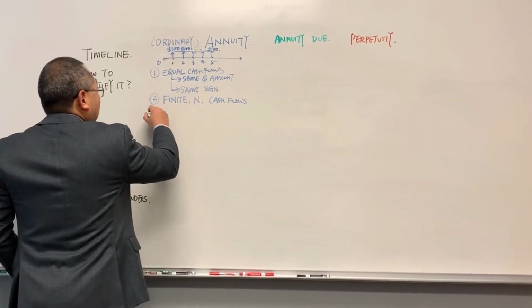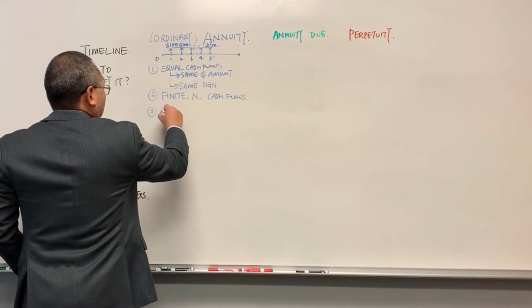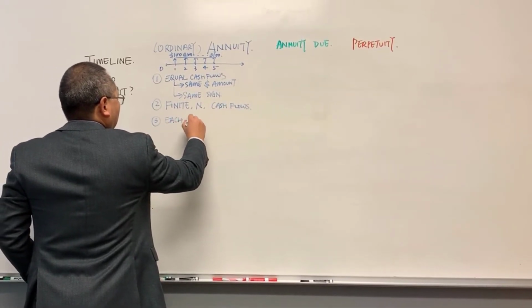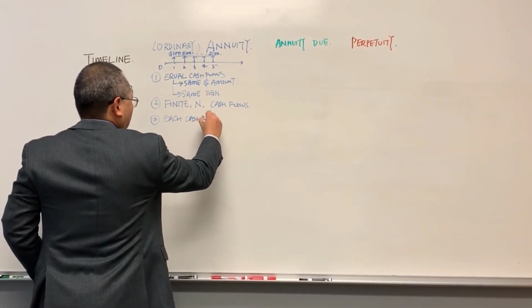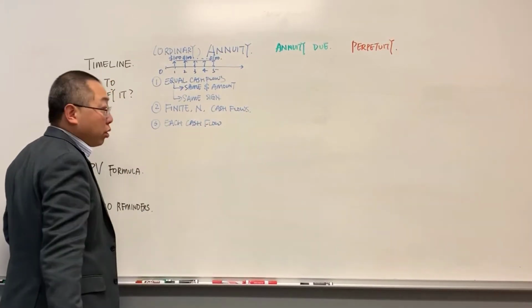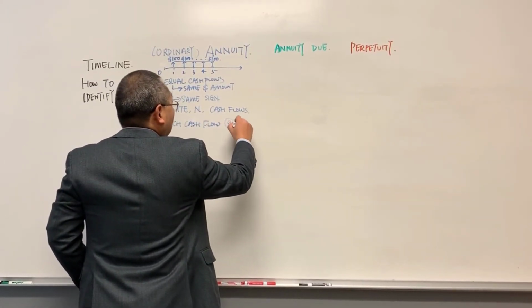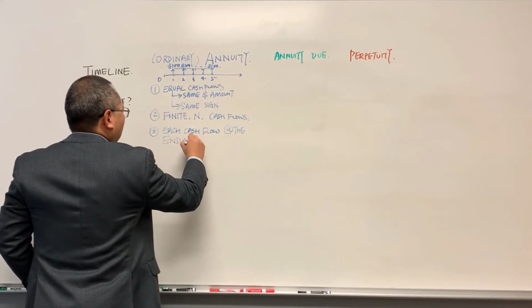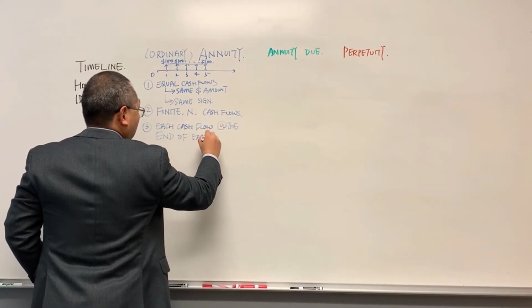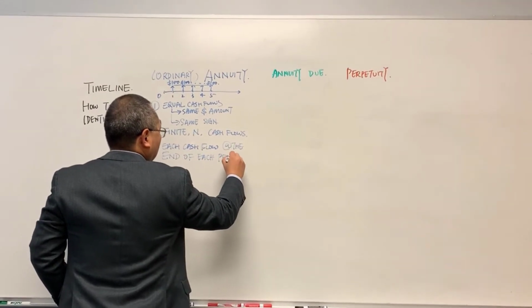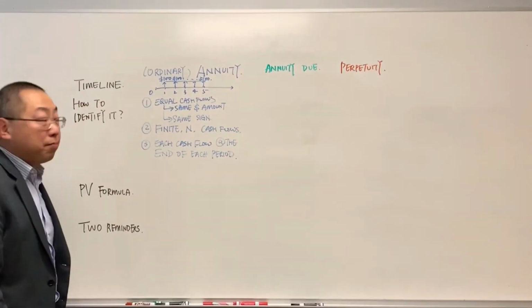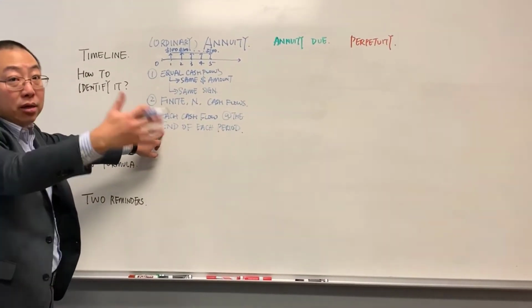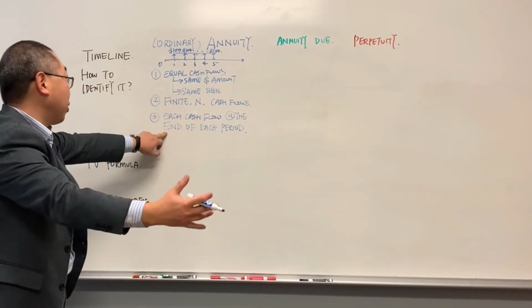Number 3, each cash flow occurs at the end of each period. At the end of the year, at the end of the month, at the end of the quarter.